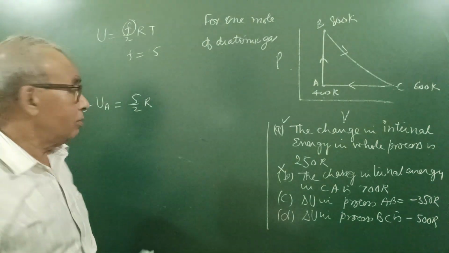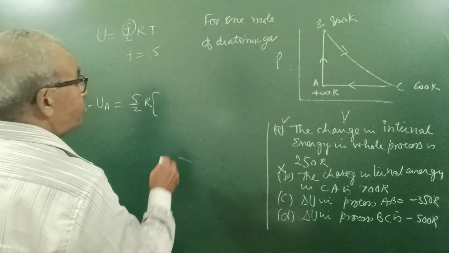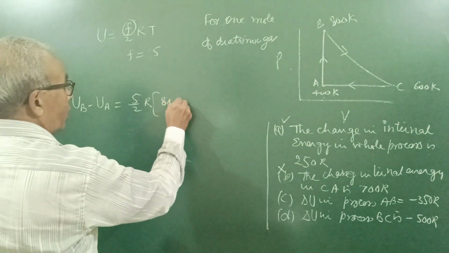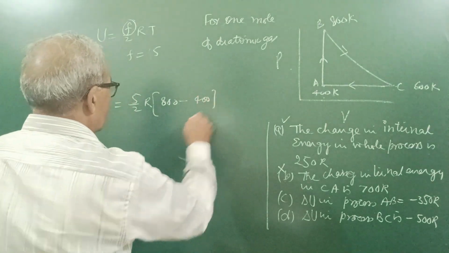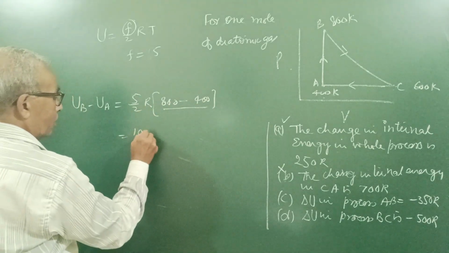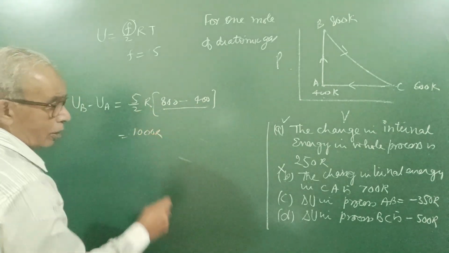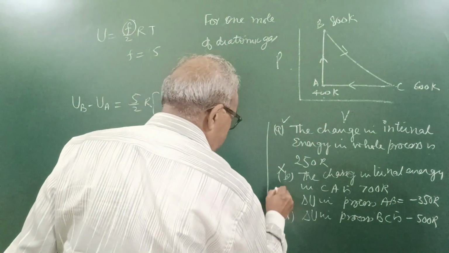We have to be very sincere about this. 800 minus 400, so it is 400, and 5 by 2 times 400 comes out 1000 R. While here it is 350 R, this is also wrong.